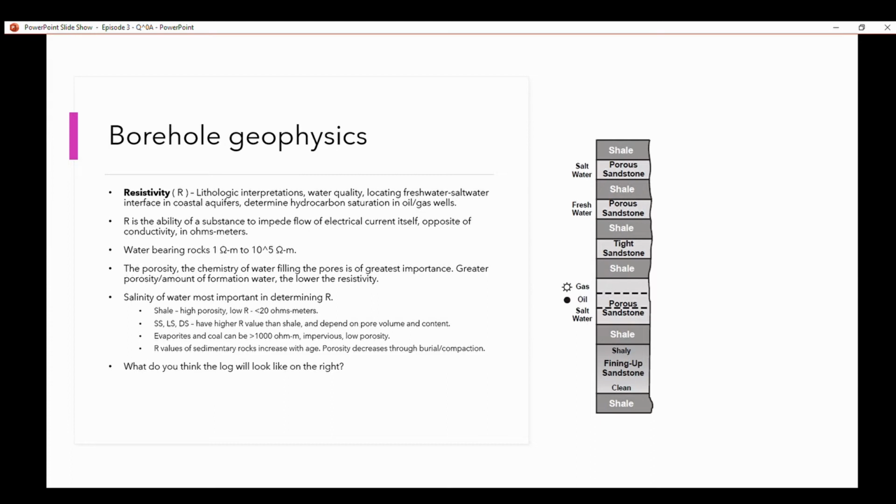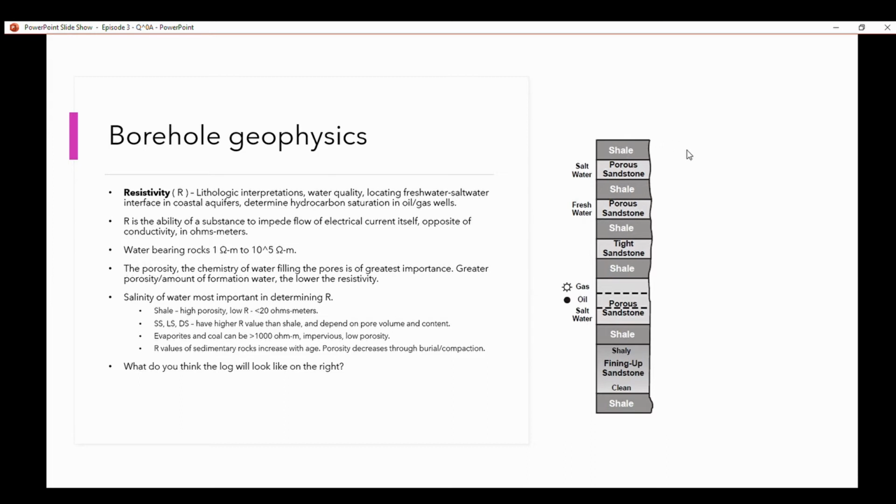So we're going to do a similar exercise, I guess we can call it, for the resistivity log. This one I did not practice enough, but R should have a negative or low deflection in shale, so it should be on this side, and then it should increase as you go to the sandstone, and then decrease.